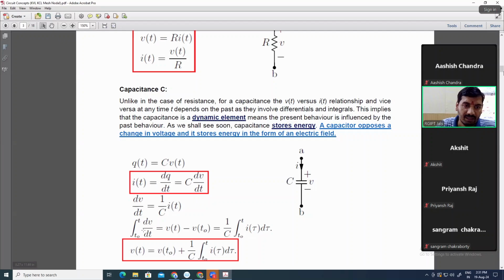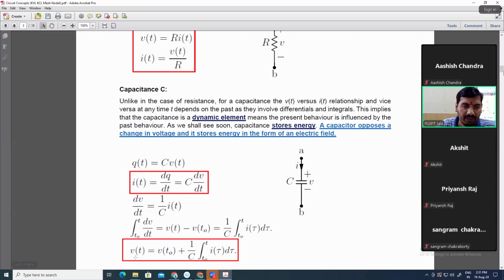By integrating both sides, the integration of dv by dt is equal to v(t) minus v(t0). v(t0) is the initial stored voltage across the capacitor. So we can write 1 upon C integration t0 to t of i(tau) d tau.